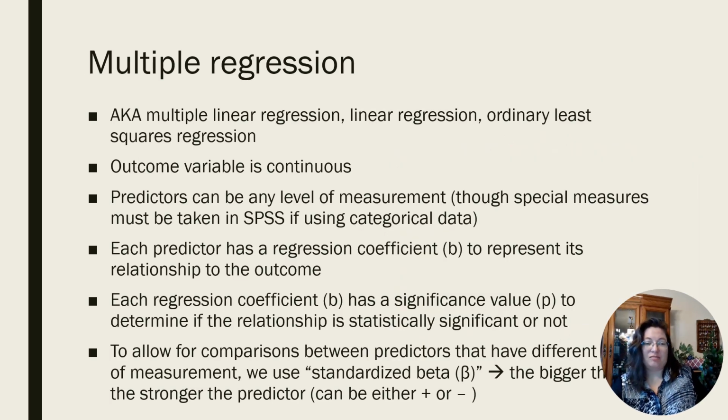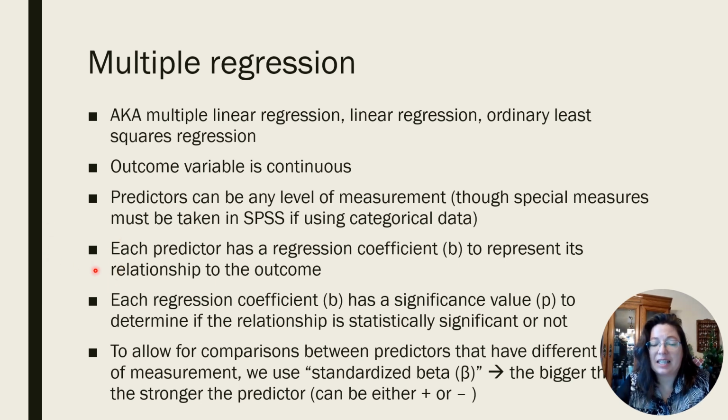There are several different ways of wording this. You can call it a multiple linear regression, ordinary least squares regression, etc. The important thing is just to remember that your outcome variable is always going to be continuous and that your predictors can be any level of measurement.